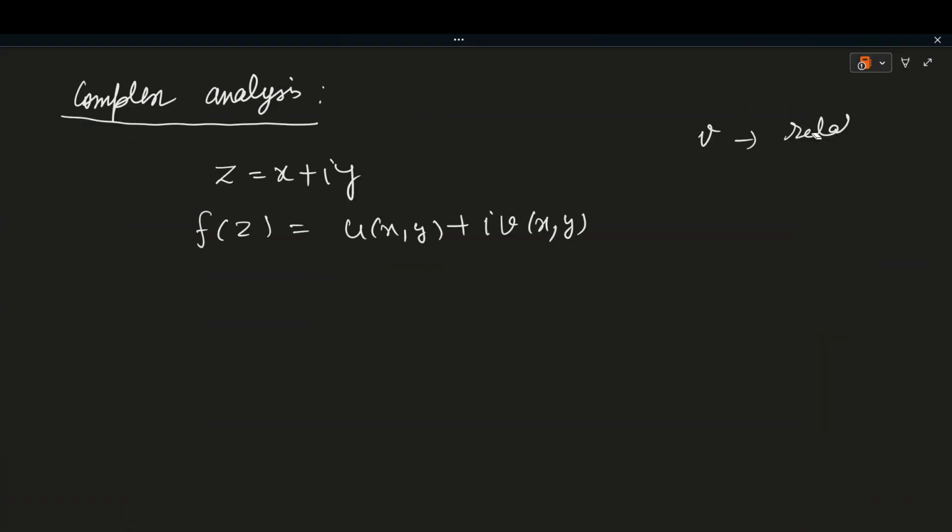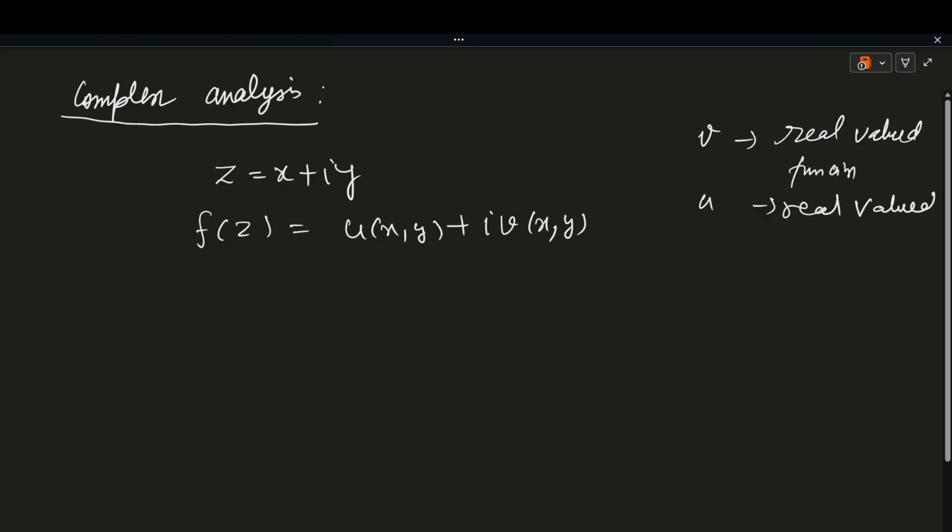And why we need complex analysis, we will mention this also. v is a real valued function, and u is also a real valued function.